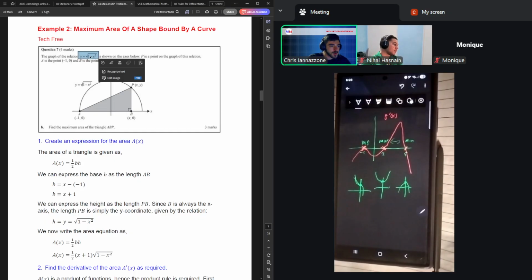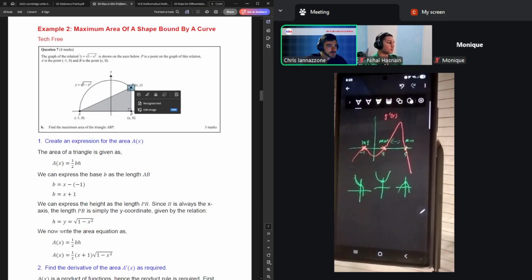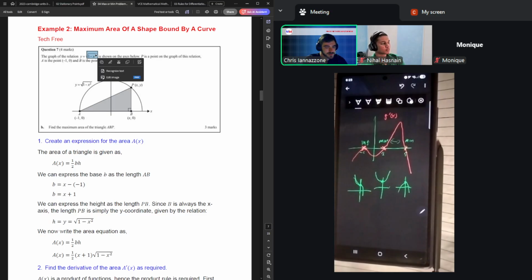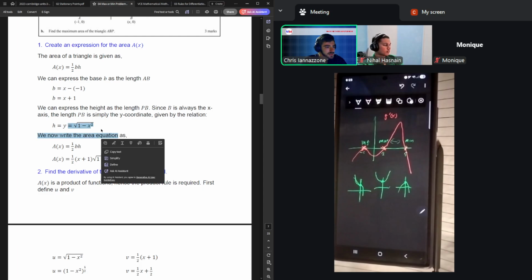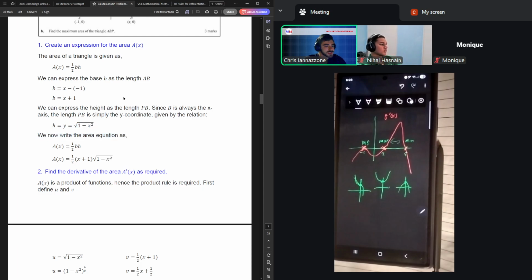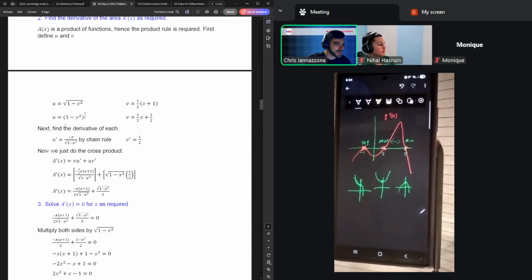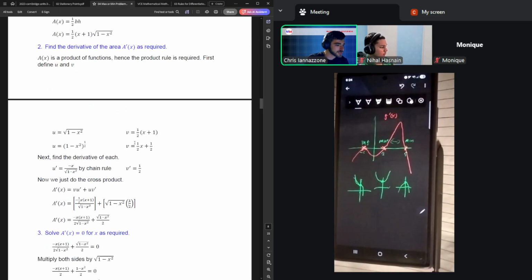Well, the y is shared by that curve. Since it is a point on the curve, y is the same as the function. And that's the spot that you really have to keep in mind, because if you don't see that, then you won't be able to progress the question. But once you see it for the first time, you tend not to forget that that's the way you solve these. Other than that, this is solved the exact same way.